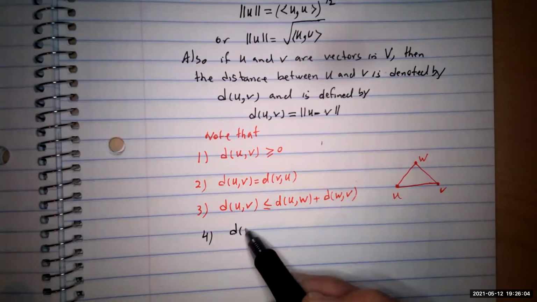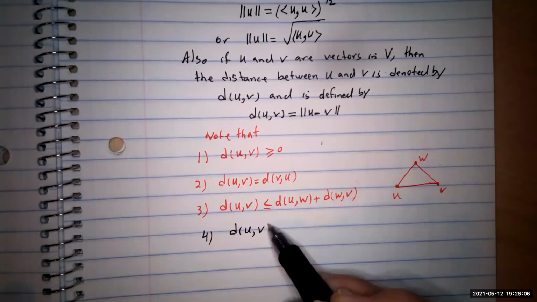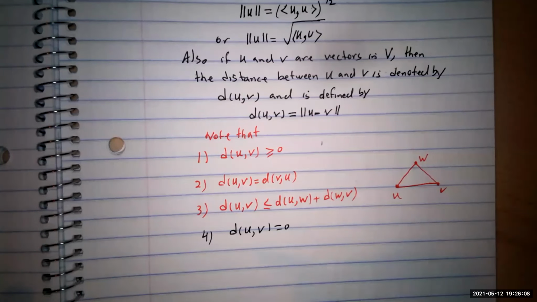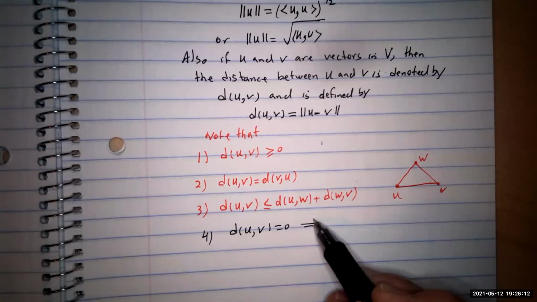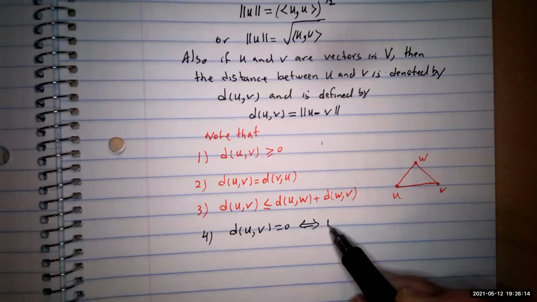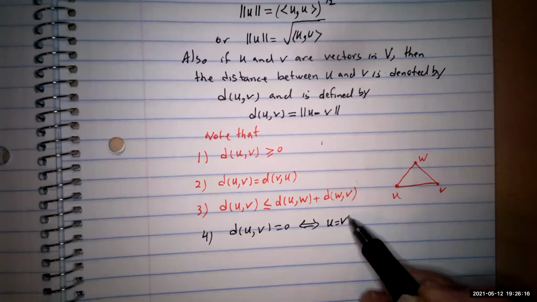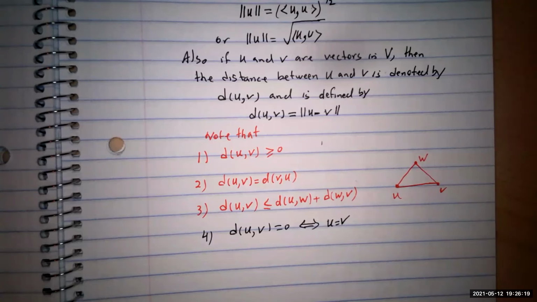There is something else, the fourth one. If the distance between two points happens to be equal to 0, it means you didn't move, so u is equal to v. It's a great formula.